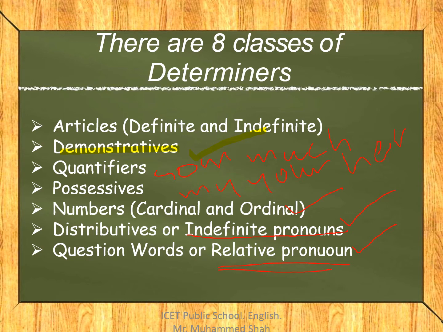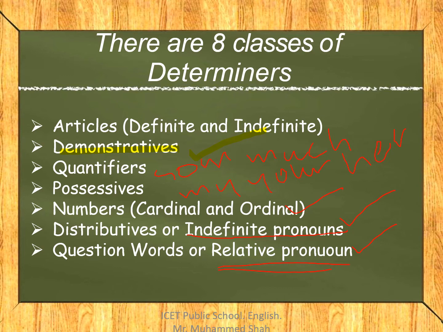All those question words are called determiners. So once again, look onto the screen. We have 8 classes of determiners. One is articles, demonstratives, quantifiers, possessives, numbers, distributives or indefinite pronouns, question words.